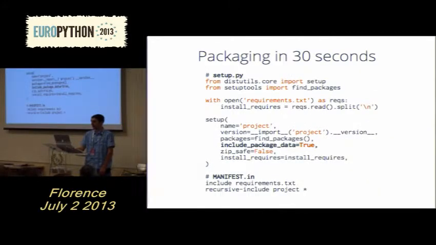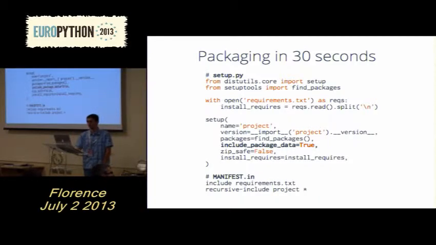So packaging is actually quite simple. It's just two files to add to your project: the setup.py file and a manifest. So this is the very minimal stuff that you need to package your project. So we just need to declare the dependencies. So here I just read the requirements. You could have any other way to find the requirements.